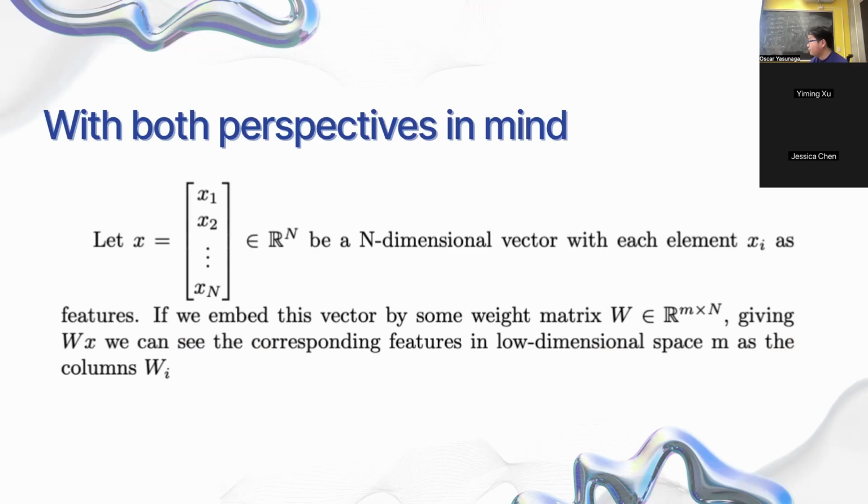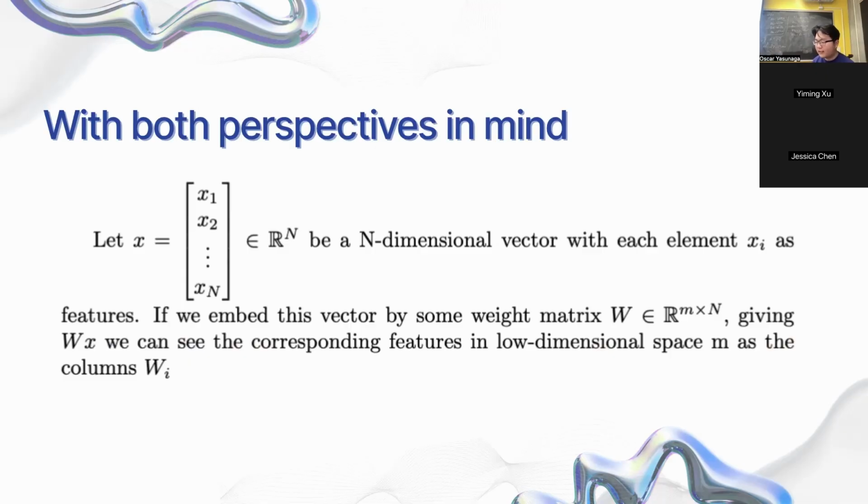Then when we project this high dimensional feature vector to a low dimensional space, we'll see what the weight matrix might look like.